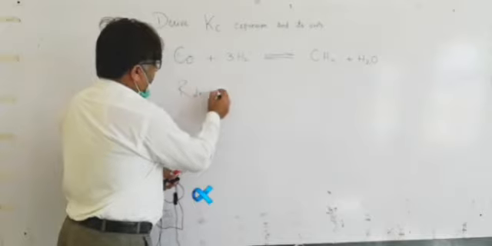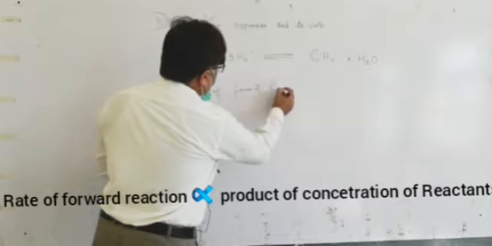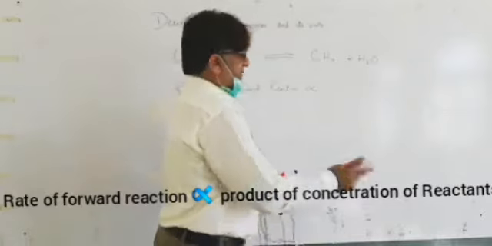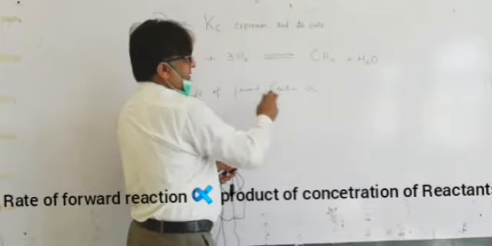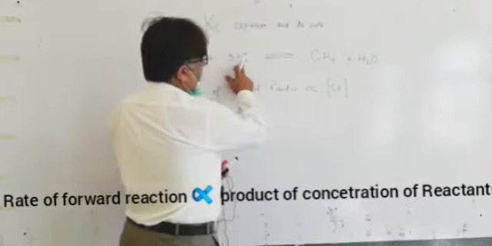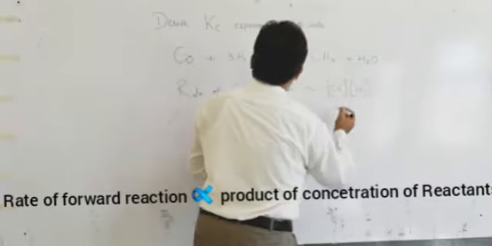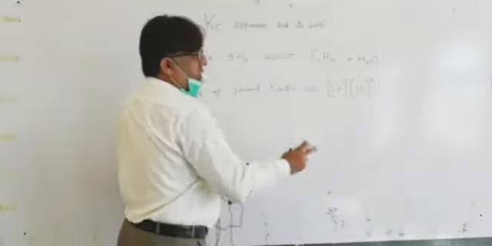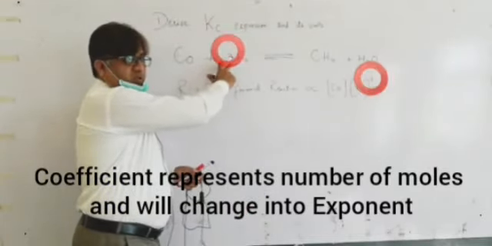Rate of forward reaction is directly proportional to what? The product of the concentration of reactants, CO and H2. The coefficient will change into an exponent, because this coefficient represents the number of moles.